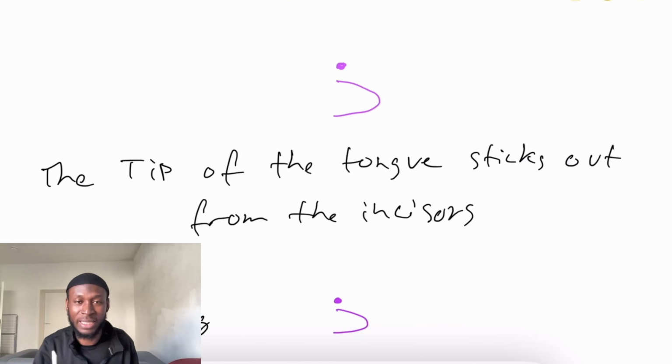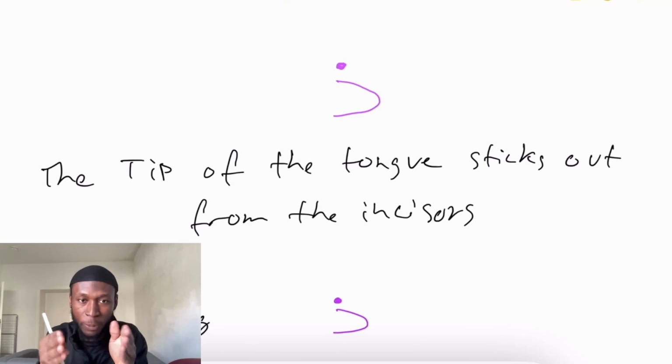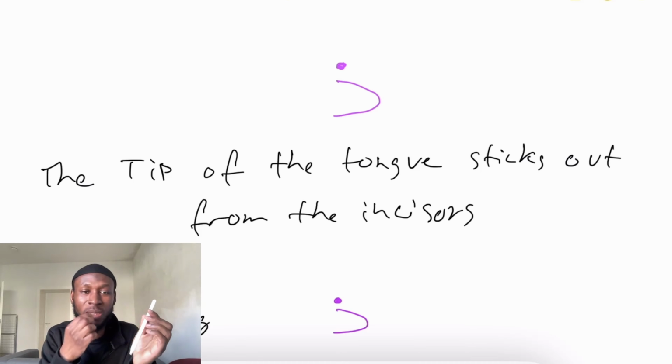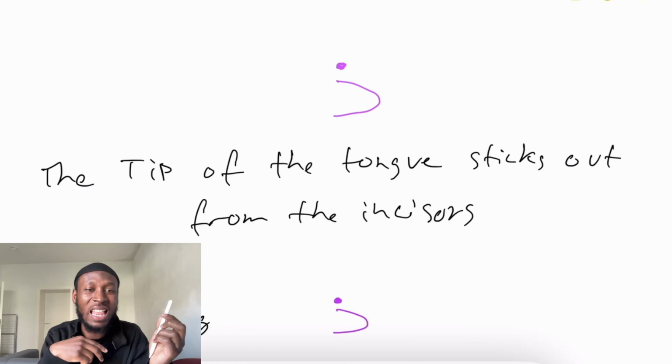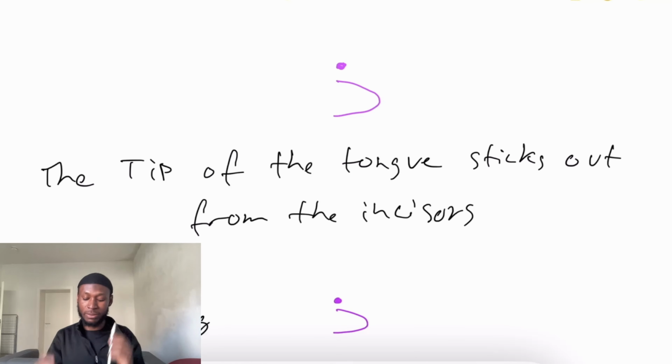But we want to speak Arabic, learn it, understand it, and sound like a native speaker. So we have to know where, Bismillah. That's why we are looking at it. You take the tip of your tongue and stick it out between the incisors of the teeth. That is the way.